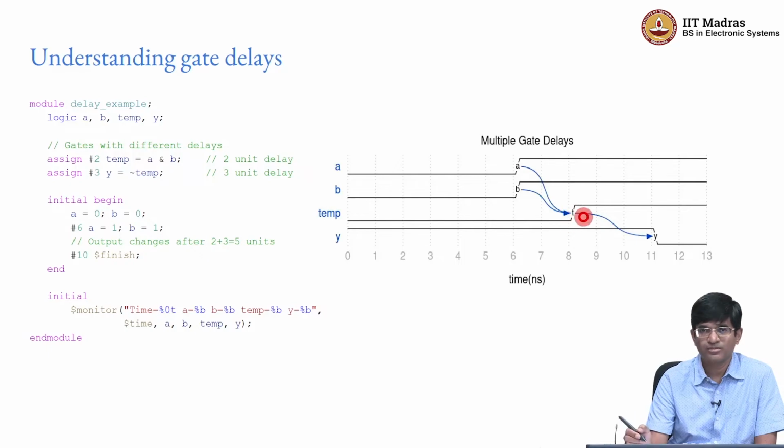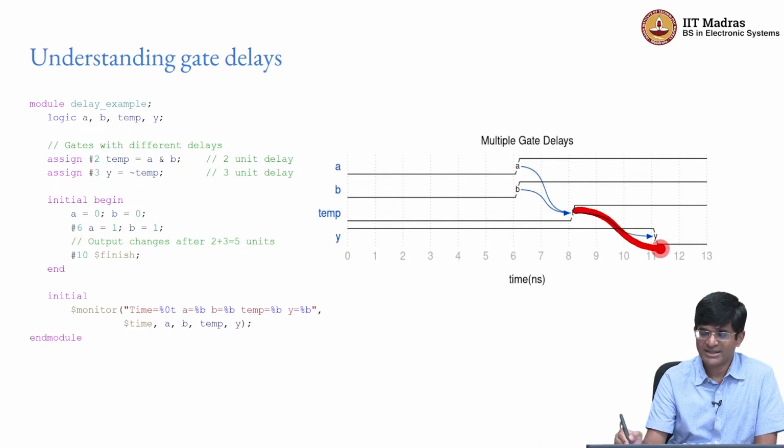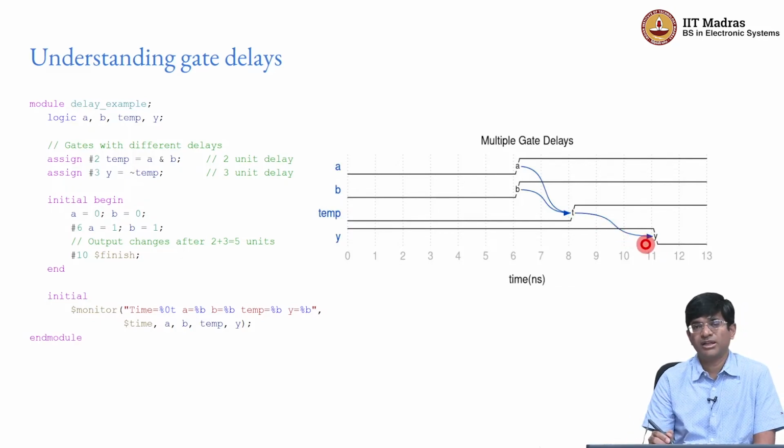Temp changes to 1 at this point, and once temp changes to 1, 3 nanoseconds later I should see that y changes to 0. So once again there is a causal relation between the temp changing and y changing, okay. This can be used to model the delays associated with individual gates.